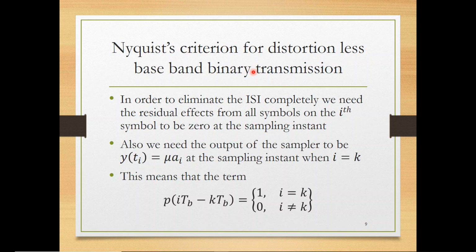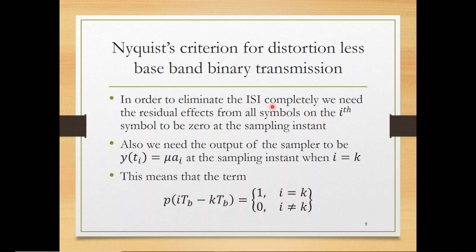Nyquist criteria for distortionless transmission. So we said we want to understand when we can transmit our data successfully while avoiding inter-symbol interference. There is a criteria that we need to comply with, which is called the Nyquist criteria.